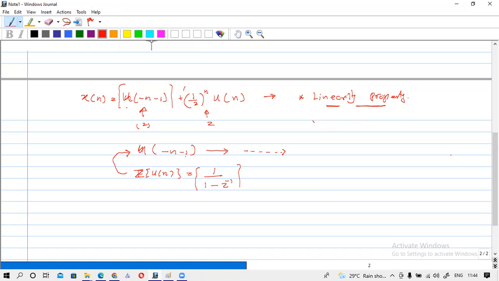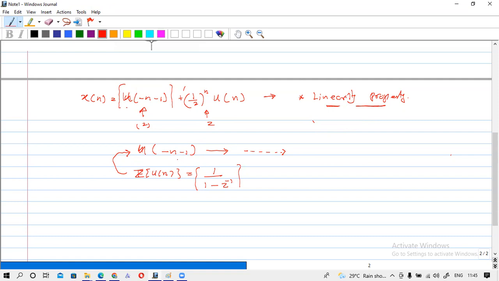But you should be careful about this minus sign, because when it is time reversed, this minus will affect in a different way.